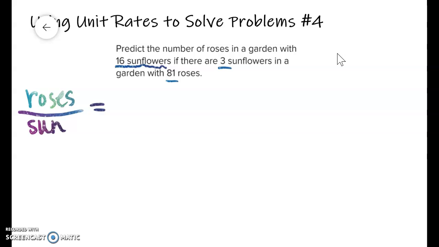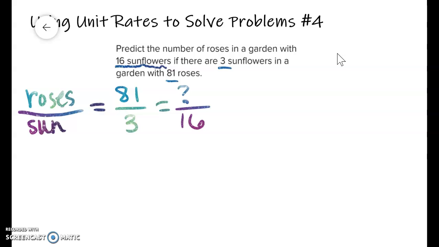So that rate is 81 roses to 3 sunflowers. And they are asking us about how many roses are there going to be if there are 16 sunflowers. So we just need to make sure that we're keeping our numbers aligned, that 81 goes with roses, 3 goes with sunflowers, and that they are asking us about 16 sunflowers.